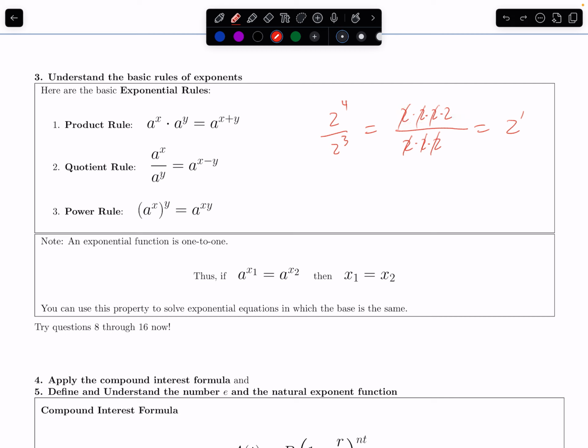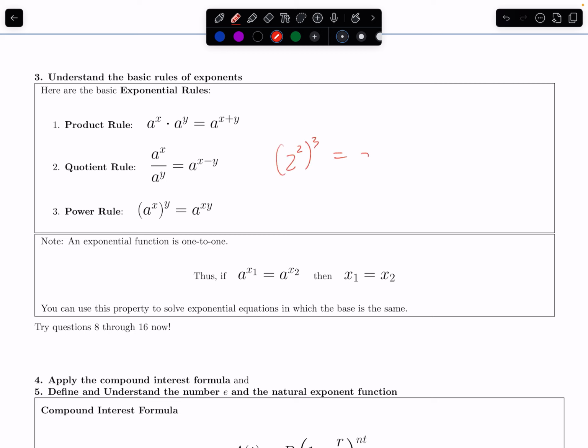And then the power rule, what does the power rule say? It says if you take a power to another power, then you're just multiplying the powers together. And here's a quick justification for that. Now, the justifications I'm doing are only for integer values. But again, we're just going to apply the same rules for any real number values. So, let's use 2 again. Let's say 2 to the second to the third power.